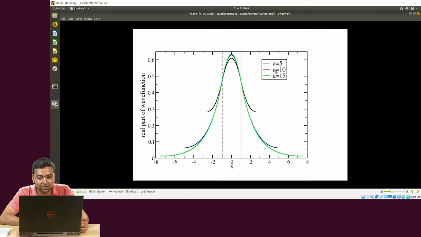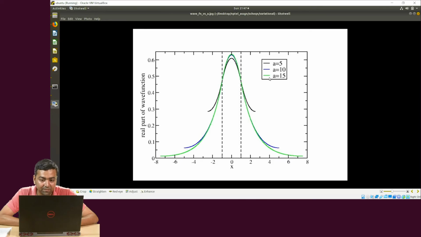Here my box, the total value of A is 5, so it goes from minus 2.5 to plus 2.5, but as I gradually increase the value of A, you see that it slowly goes down to 0. If you remember, my wave function should go exponentially to 0 in the actual case.